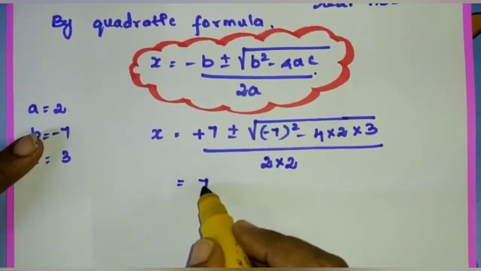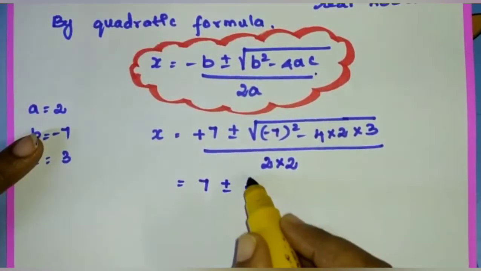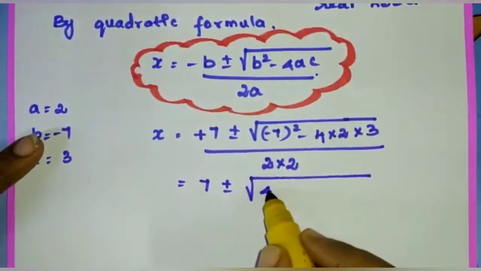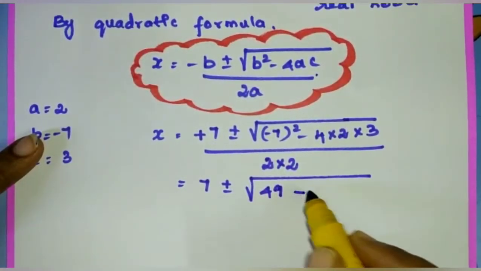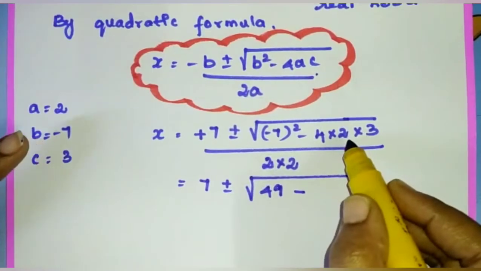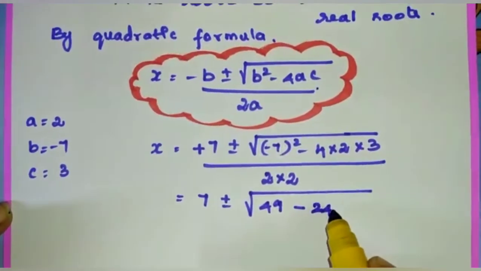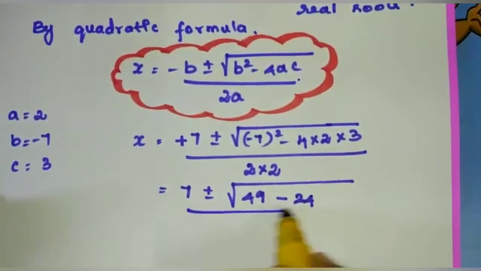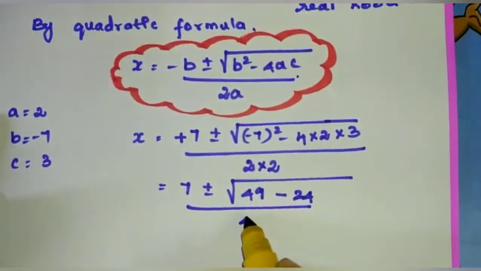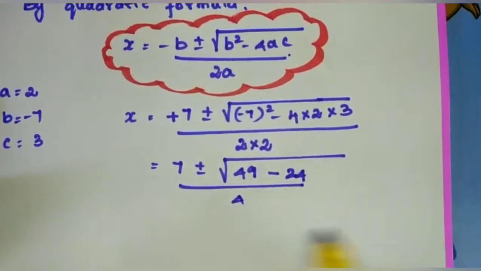Then 7 plus or minus root of 49 minus 4 2s are 8, 8 3s are 24, divided by 2 2s are 4.